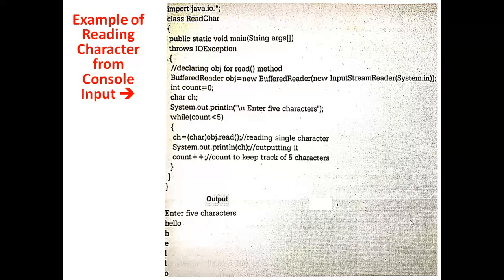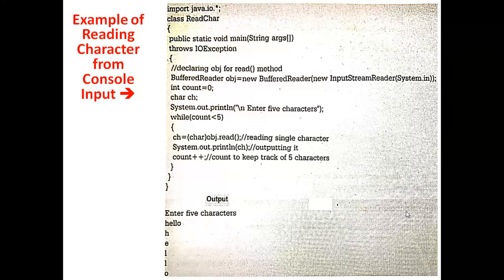Therefore, we have imported this package. And to call that function, in Java also, we use an object. Therefore, I have written obj.read, and the characters will be read and stored in the ch variable.